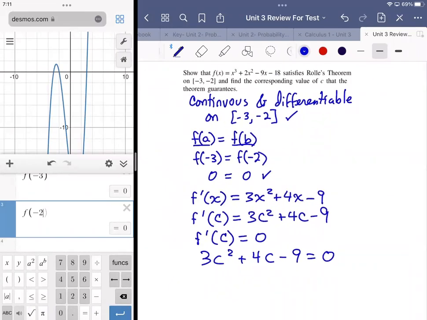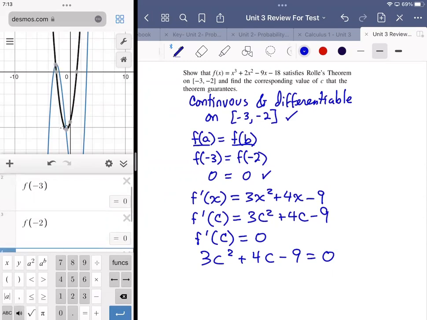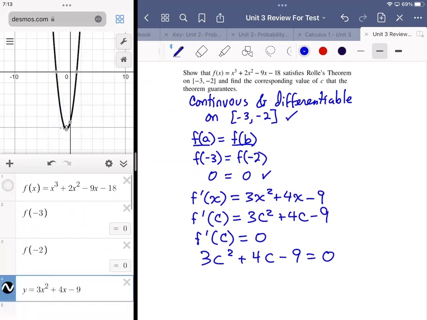This is not an algebra course, so I could do this a couple of ways. I could plot 3x squared plus 4x minus 9 as a function, so y equals, and then take note of where it's equal to 0 and only account for the instance in which it's equal to 0 on the given interval, right?